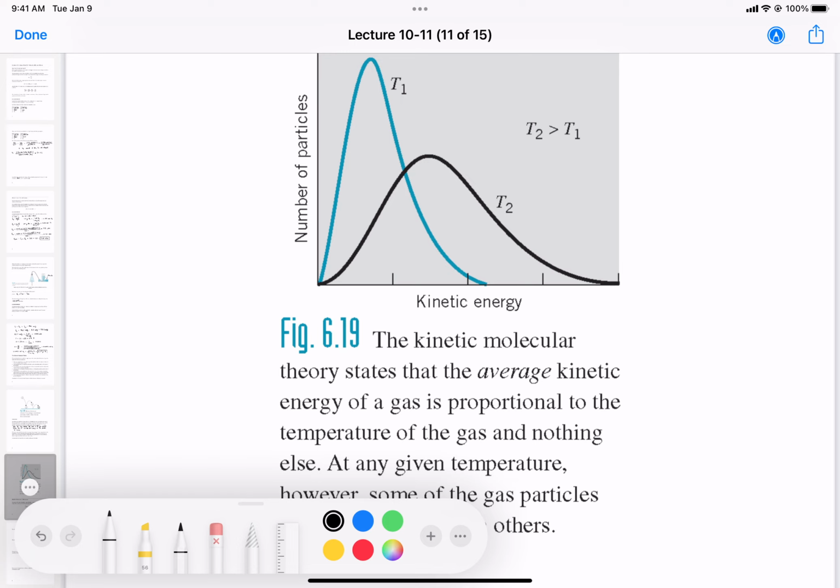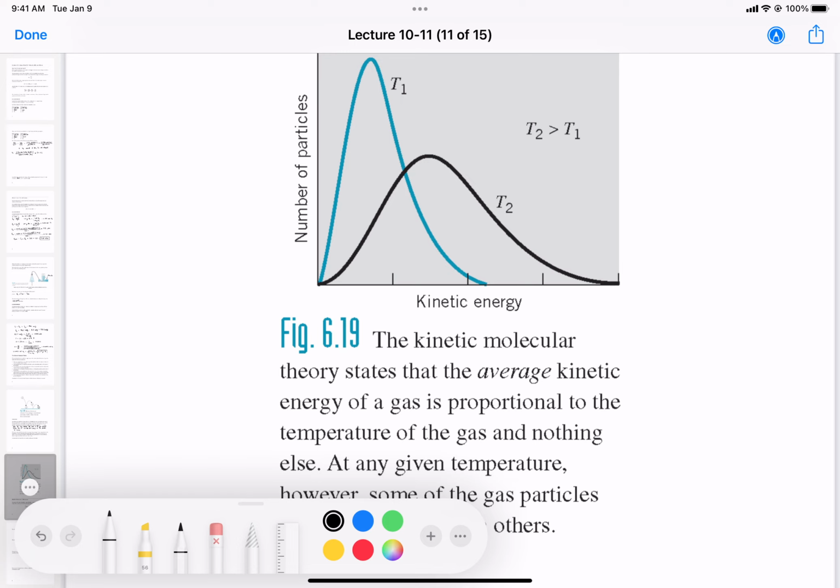But as you go to higher temperatures, that distribution of energy is going to be felt by a lot more molecules. So it's going to flatten the curve, and pretty much all the molecules will eventually have the same average kinetic energy.